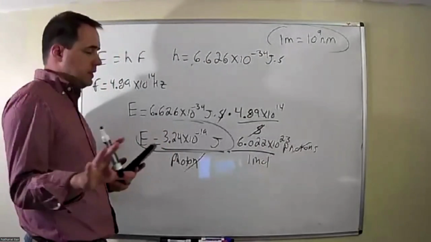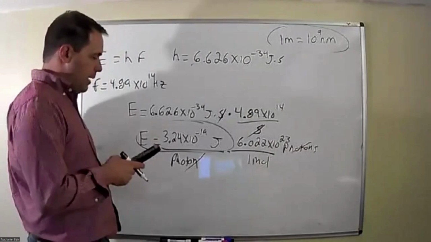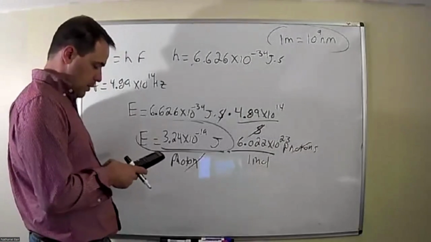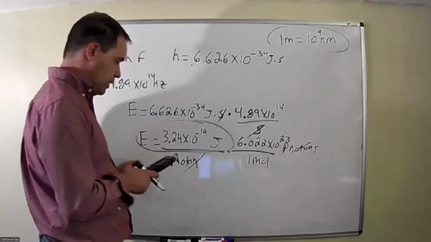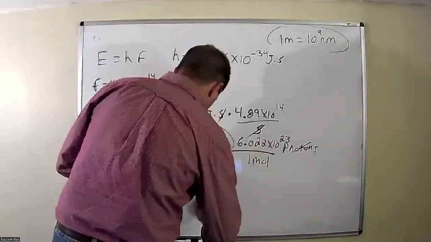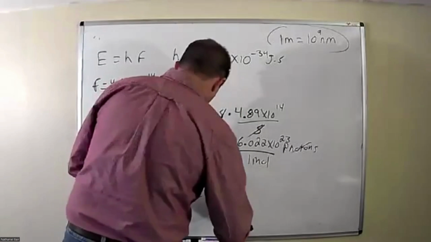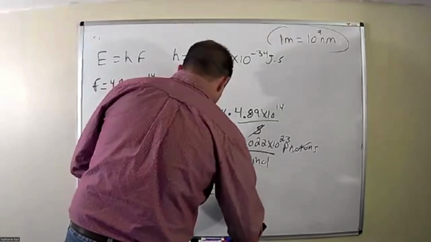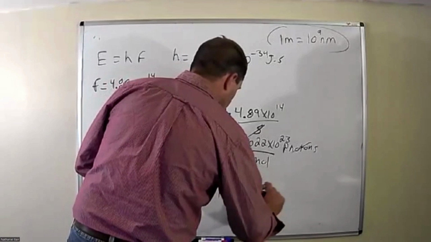And if we do that, 3.24. Now, again, this is an extension. In the lab, we'll actually talk about this tomorrow. I think one of the post-lab questions has you calculate the energy of an Einstein. So this is the energy of a mole of orange photons. Now we're talking. That's 195,000 joules per mole.